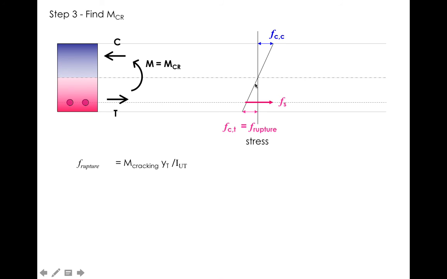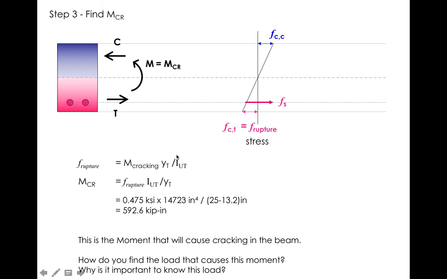I have a formula for this line. It is F equals My over I. And the specific instance of that formula here is that F rupture, the tensile capacity of concrete, is the moment that would crack it times the place where the cracking would happen divided by the resistance to bending. So in this case, I plug in all of those values and I get that the moment that would have caused this cracking was 592.6 kip inches.